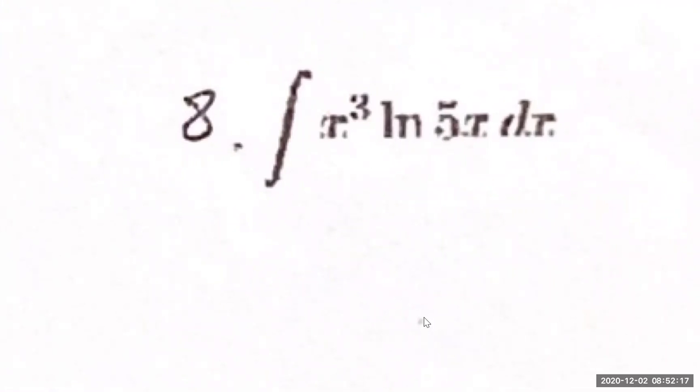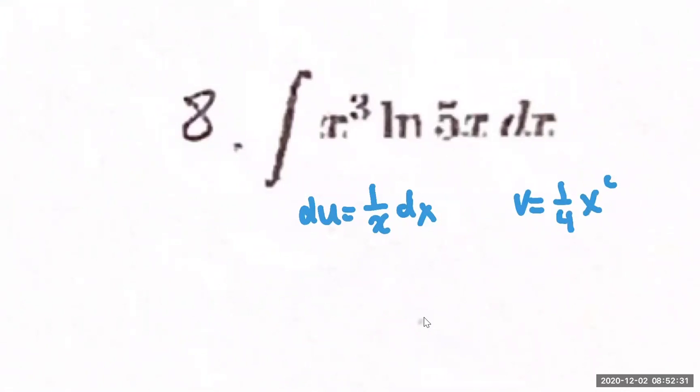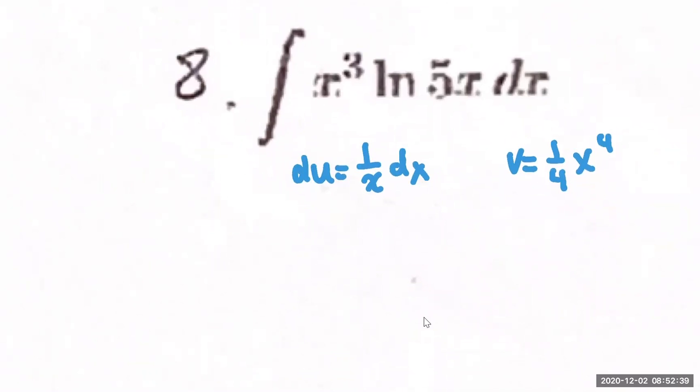Okay. And for number 8, can you just verify that these are your answers? You got du equals 1 over x dx, and then v is equal to 1/4 x to the 4th. Is that what you got for the initial iteration?